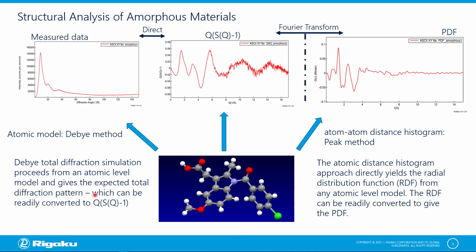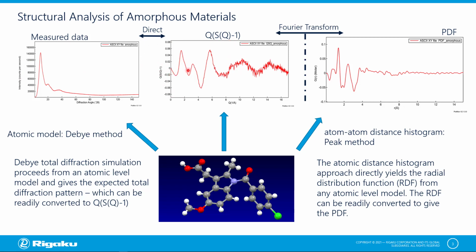and I'll put on a laser pointer here, both of the approaches are based upon an atomic level model of the molecular entity itself. The Debye total diffraction modeling approach takes that molecular model and we can directly calculate the expected total diffraction profile, which is shown over here on the left-hand side. The total diffraction profile can be readily converted to the QS of Q minus 1.